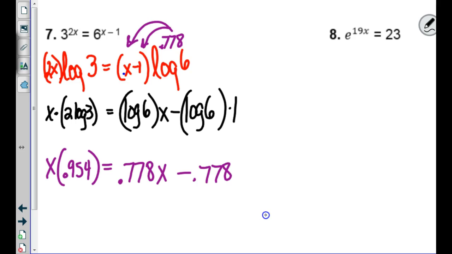Now what? This is just 0.954x, right? 0.954x, I just wrote it in a different order, minus 0.778.